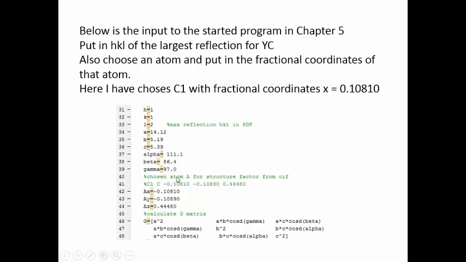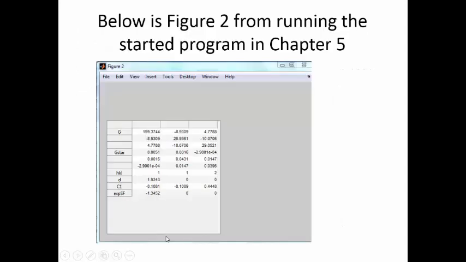We're going to select out an atom. So from the CIF file, in this case I selected carbon 1, and here are the fractional coordinates, so I just put those right in the program. And remember, we calculated the G matrix, etc. Now, we had a series of little diagrams produced.